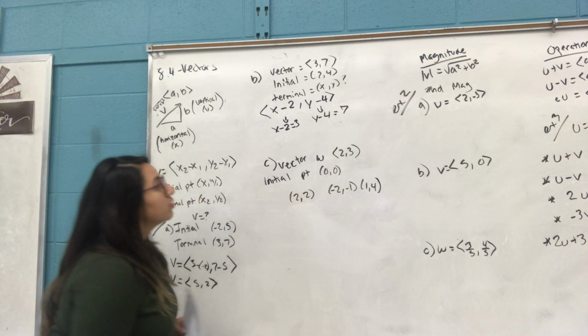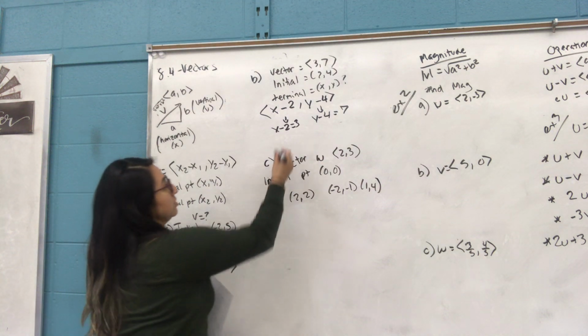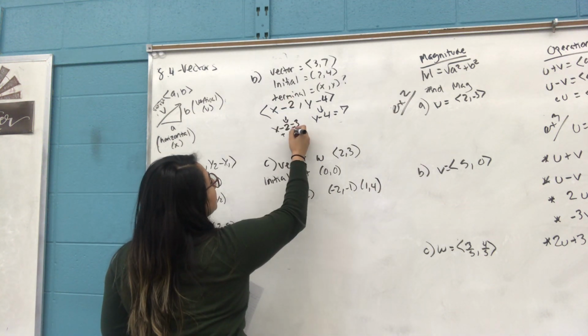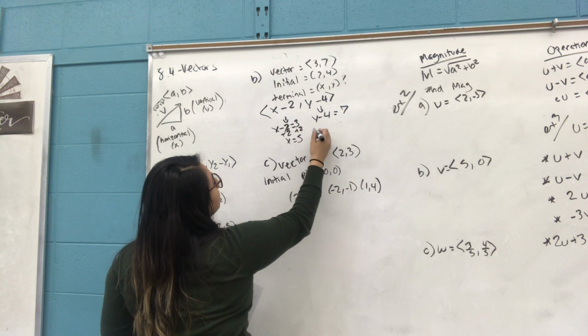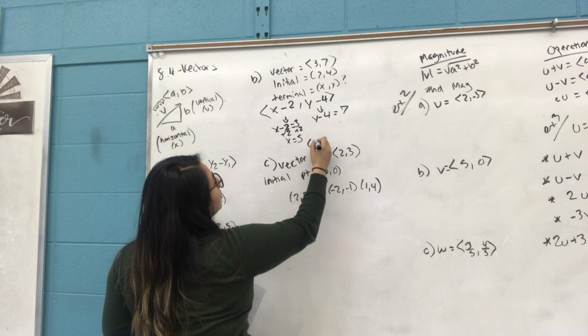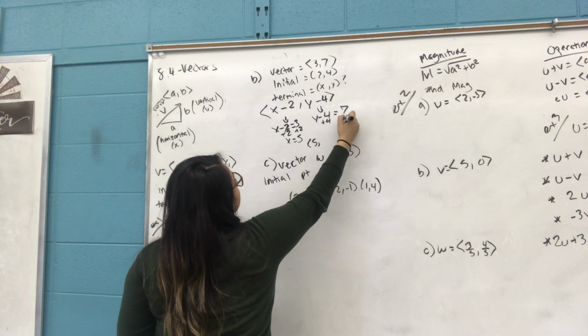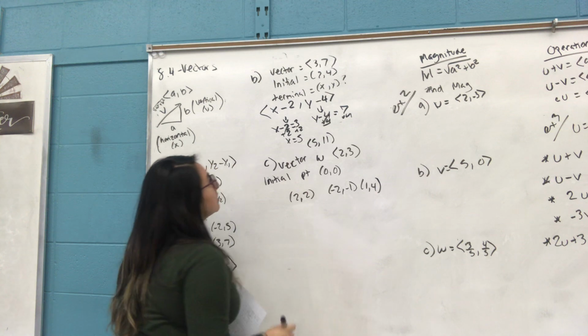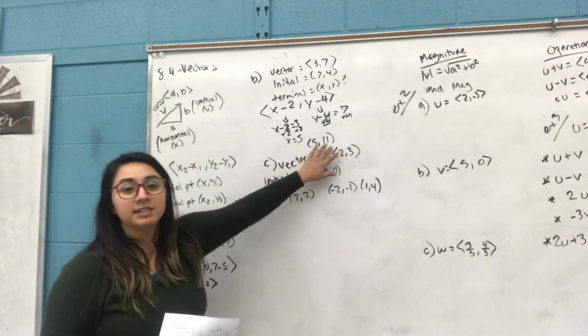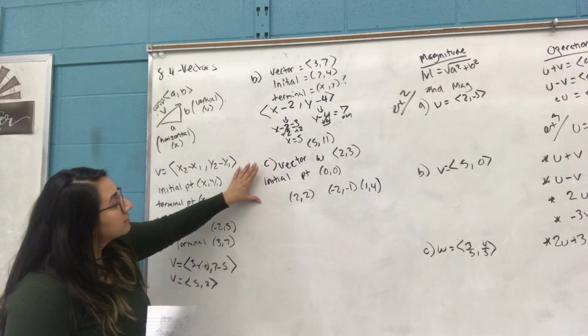So y minus 4 somehow gives us 7. To find it, we just set it equal to the vector that we have. Add 2 to both sides. We get 5. So for our terminal point, we have 5 comma. For this one, we add 4 to both sides. And we get y being 11. So that means our terminal point is 5 comma 11. Last one. C.